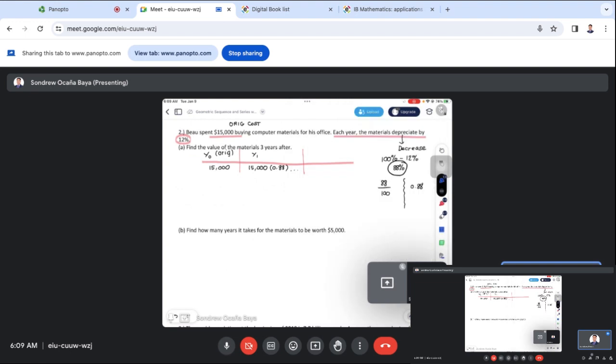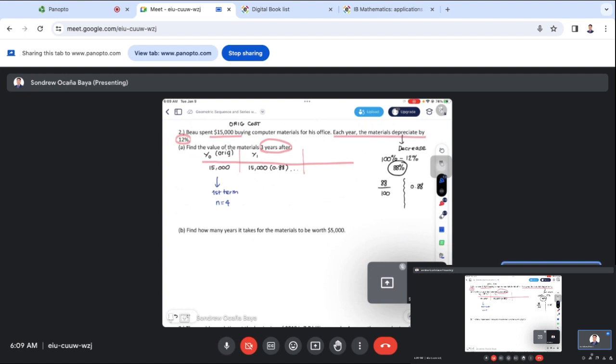All right. So we are asked about 3 years, no? So you decide which of these values you would want to consider as your first term. If I consider this as my first term, I have to include this in the counting. So at the end of 3 years, my n is not 3, but rather my n is 4, because I consider y sub 0, year 0.